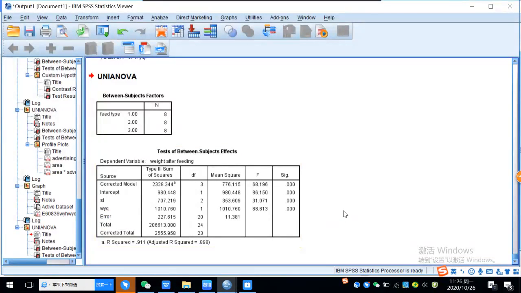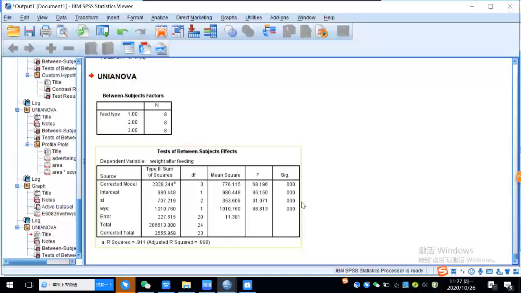Let's look at this result. This shows that by excluding the influence of weight before feeding, the feed type has a very significant impact on weight after feeding, because the F value is, no, sorry, the F value is 31.7071, and the corresponding significance is less than 0.01.